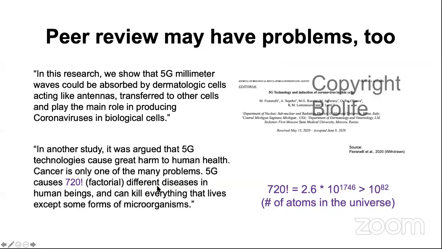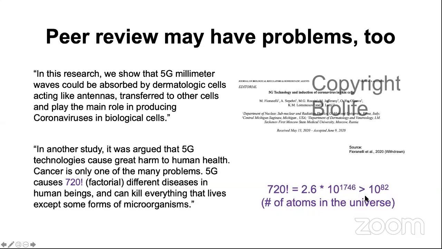Another ridiculous part of this paper is that they're saying that 5G signals are really, really detrimental to human health. Cancer is only one of the problems because 5G can cause 720 factorial different diseases. And if you're just looking at it, you think, wow, that is a lot of diseases. But if you do some calculation, 720 factorial is actually 2.6 times 10 to the 1700th power.